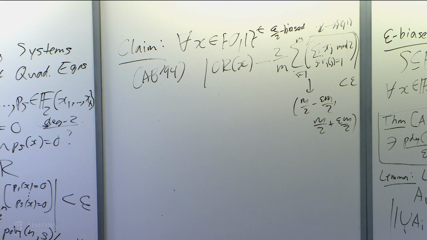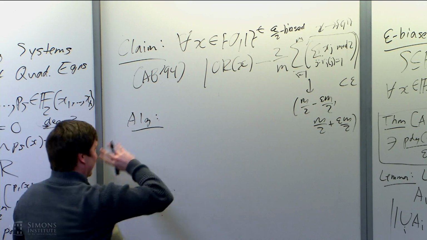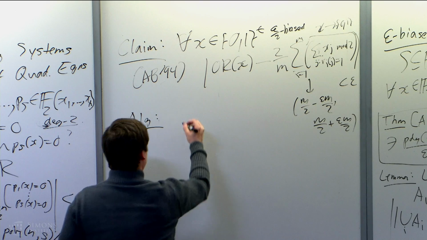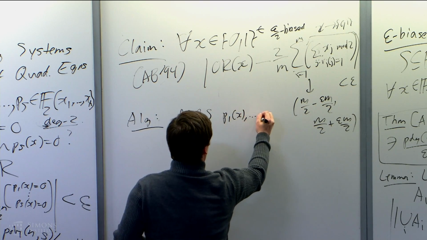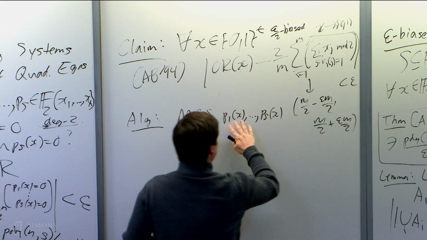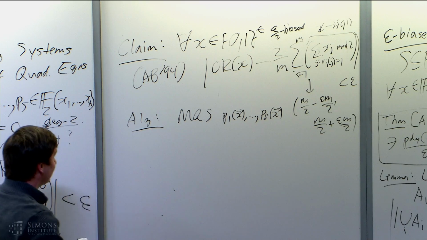Let me tell you what the algorithm is now, the final algorithm after the dust clears. You're given an MQS instance, so these P1 through PS, each in n variables. Think of this as a vector of n-bit variables.